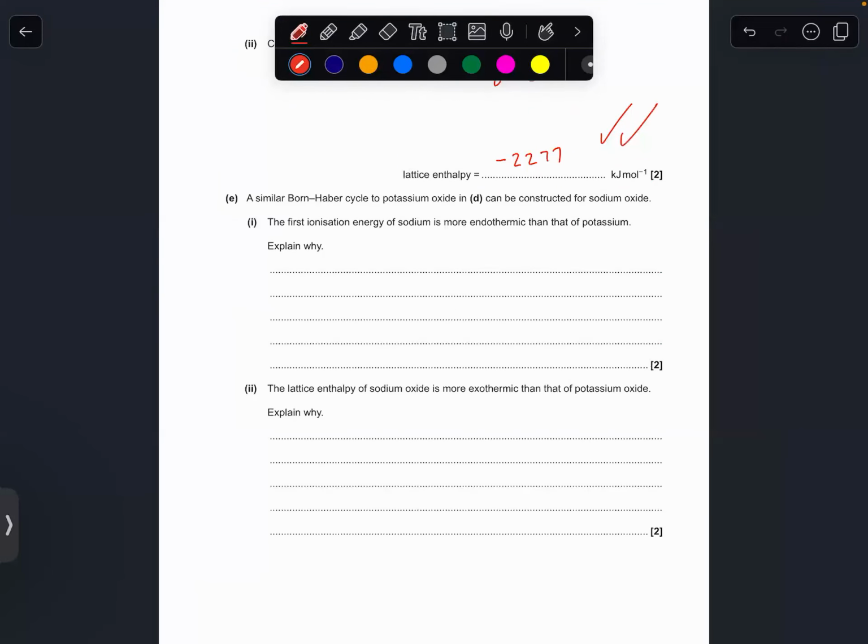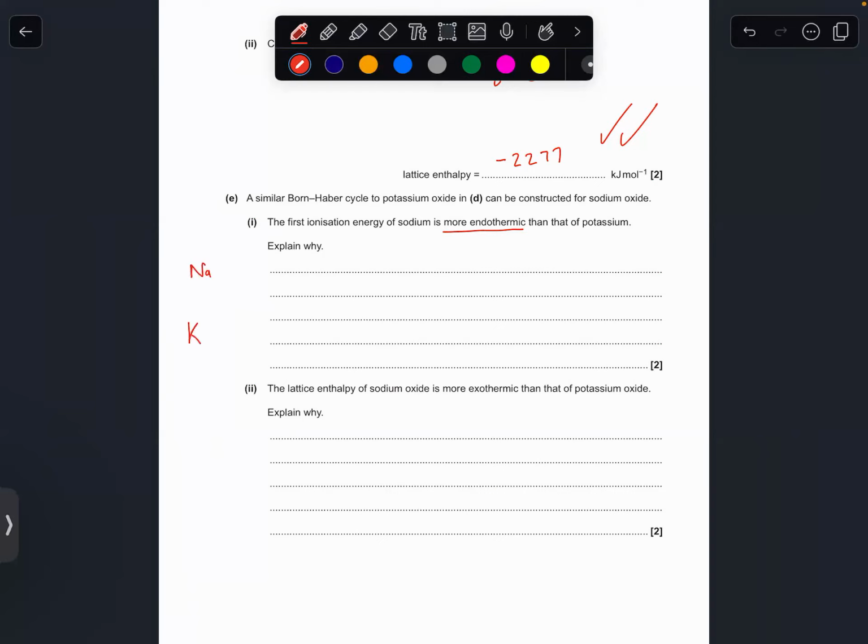Next question is asking you why the first ionization energy for sodium is more endothermic. This basically means that the ionization energy of sodium is greater. Why is it greater? We need to compare sodium with potassium, which is in the same group.